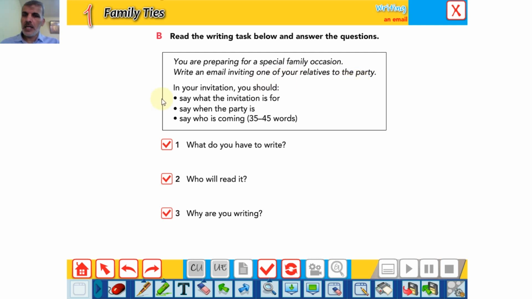In your invitation, you should say what the invitation is for. So, what is the occasion? What are you inviting people for? Say when the party is. We talk about the time here. You may also add the address, the place, and say who is coming. Remember that we are going to use 35 to 45 words.